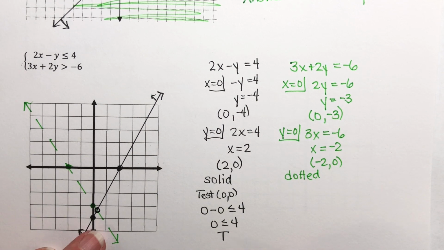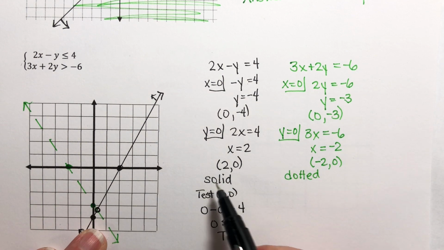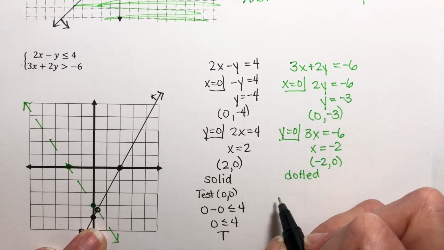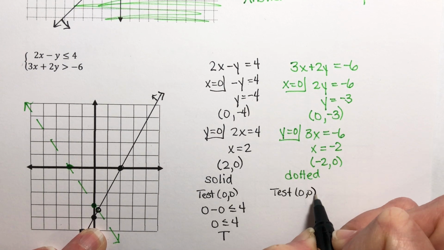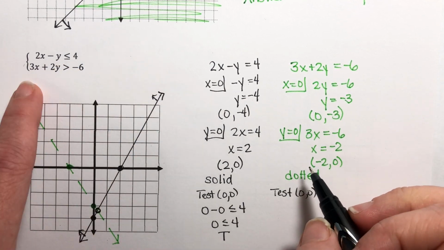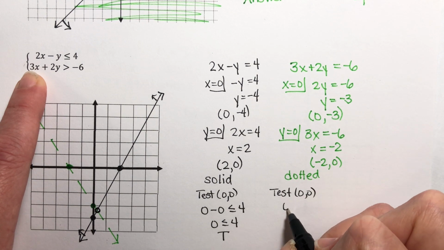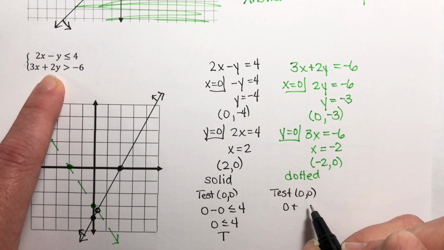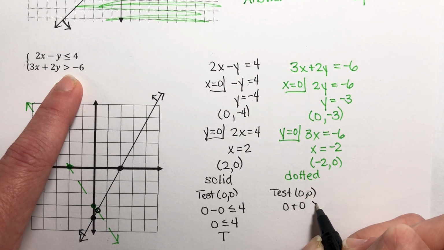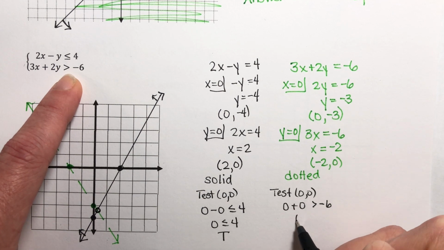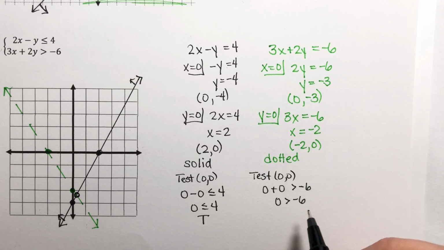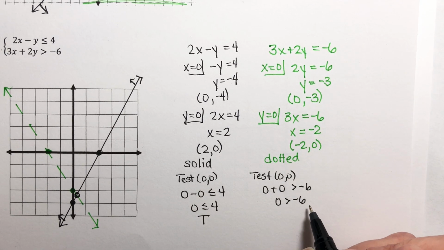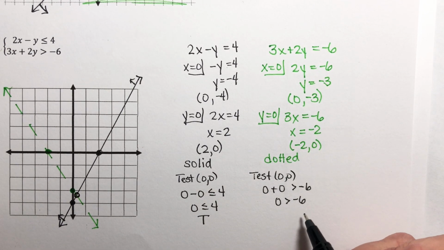Okay, so let's test 0, 0. It's not on this boundary, so again, I'm going to test 0, 0. That gives me 3 times 0 is 0, plus 2 times 0, which is 0, is greater than negative 6. 0 is greater than negative 6. Now, I see a lot of people make stupid mistakes right here. It's like the negative completely throws this off.